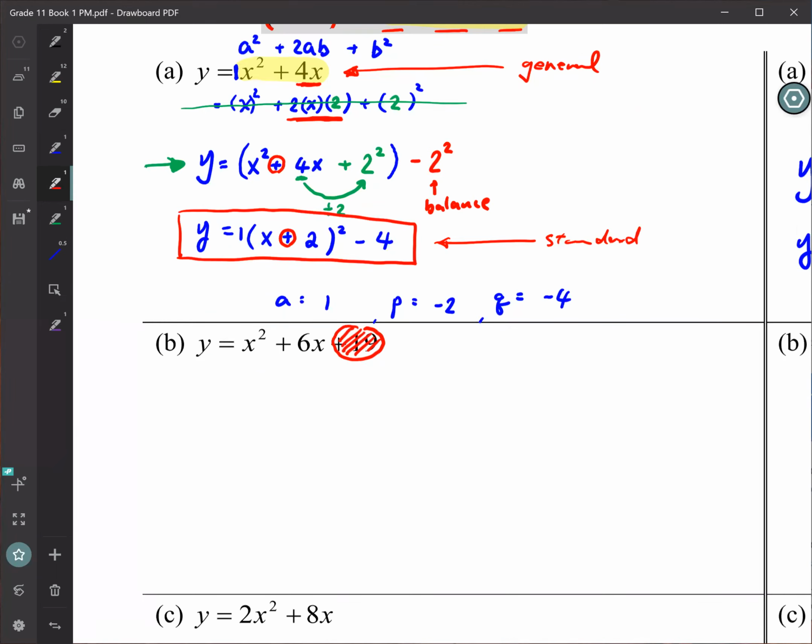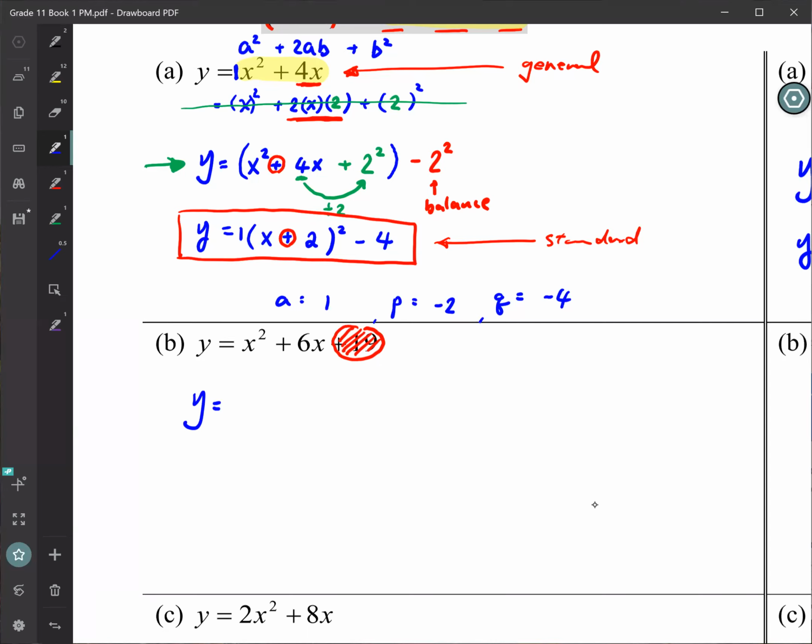So I'd like you to do the same question and then follow the same steps, using the first two terms. Don't write out the standard form yet. Just do the first line, and then you can raise your hand once you finish the first line. And then I will tell you what to do with the 19.